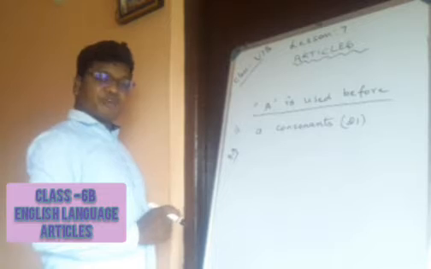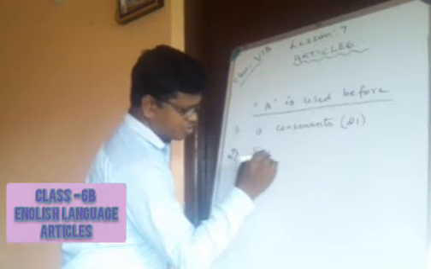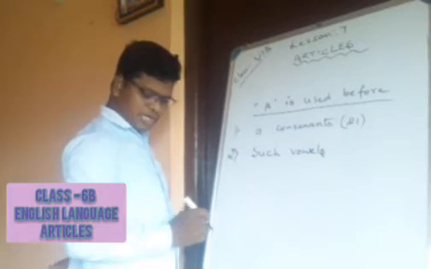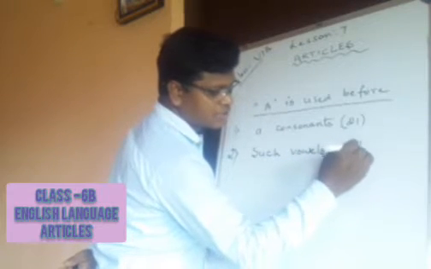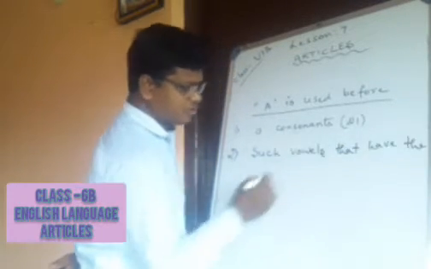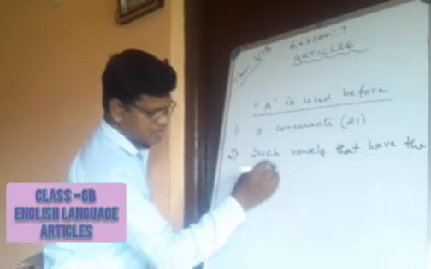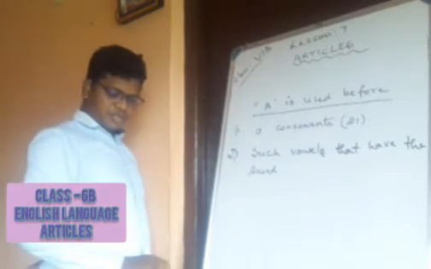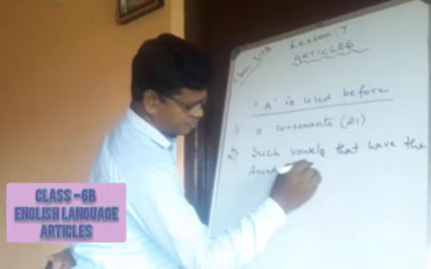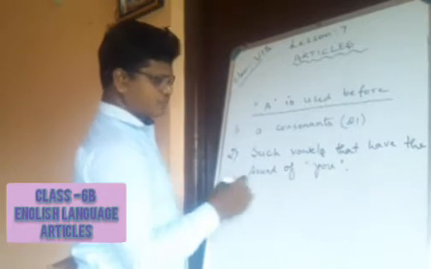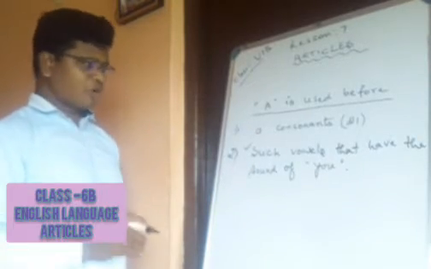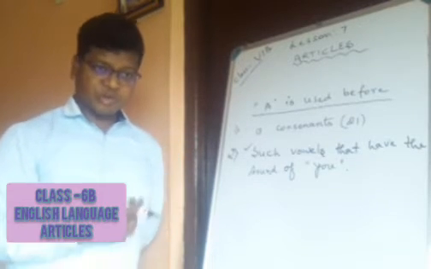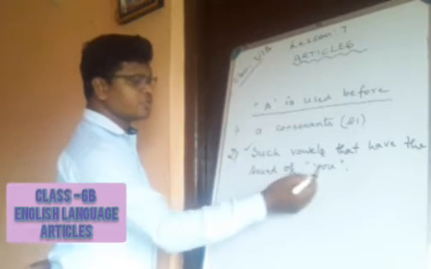It says: such vowels that have the sound of U. There are some vowels which have the sound of U. That means when you say these words, they sound like U.